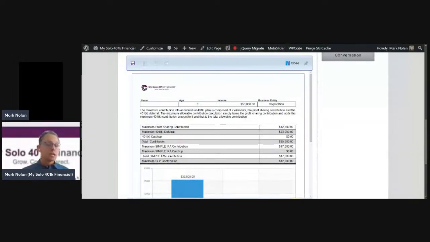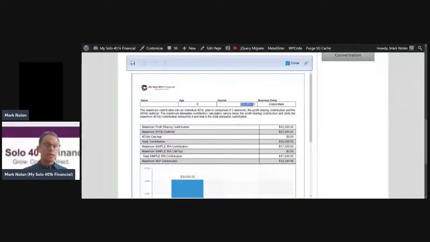Therefore, all you need is $50,000 of W-2 wages, and you can contribute that entire $50,000 as a voluntary after-tax solo 401k contribution. You're not going to be able to make any other contributions to the solo 401k if you make it as a full $50,000 contribution, because you can't contribute more than you make.